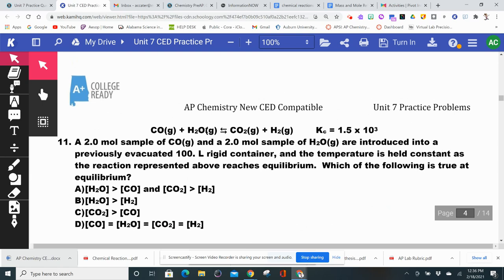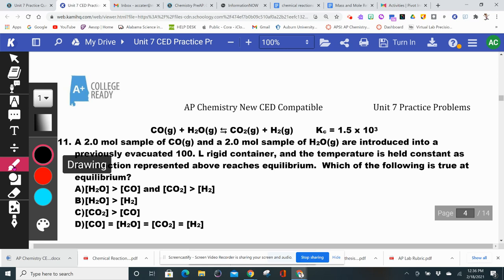So it's not because the K is lower than 1? Well, the K is not lower than 1. The K is 1.5 times 10 to the third. The Q, though, let's see, what does Q turn out to be? Sorry, I put a negative above that. Oh, yeah, no, it's a positive.